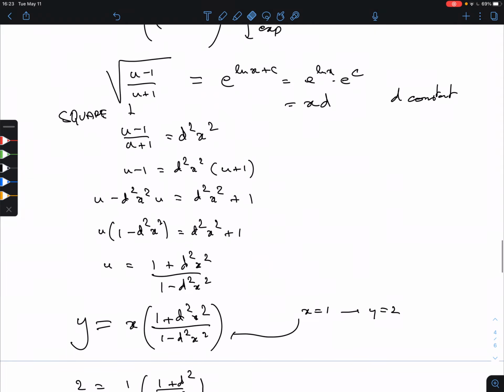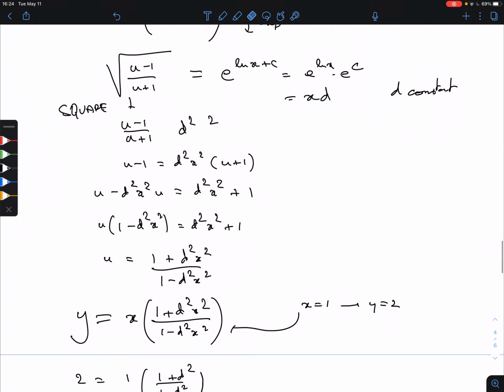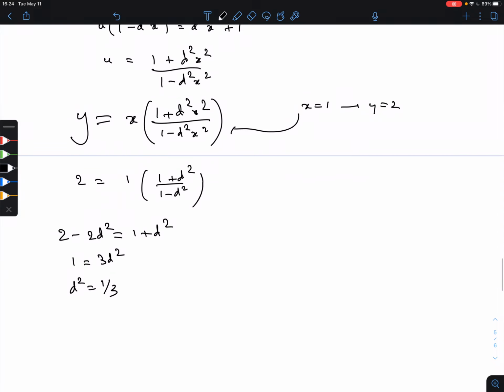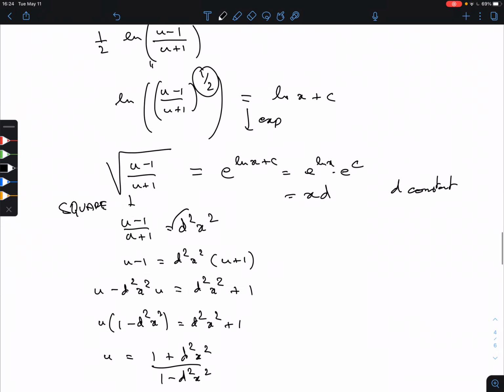I should have, from the beginning, just renamed this as a variable, another c or something like that. But okay, I've stuck with this, let's go on. So cross multiply: 2 minus 2d squared equals 1 plus d squared. And so we see that 1 equals 3d squared, so d squared is equal to 1/3. And we don't need d, I need d squared, right?